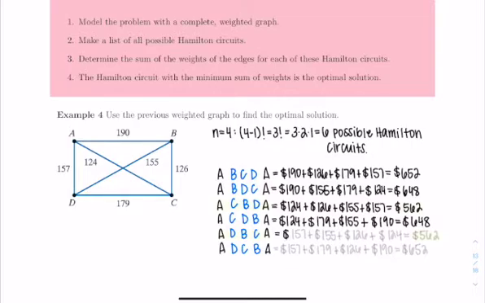A to D is 157. D to B is 155. B to C is 126. And C to A is 124, which gives me a total cost of $562.